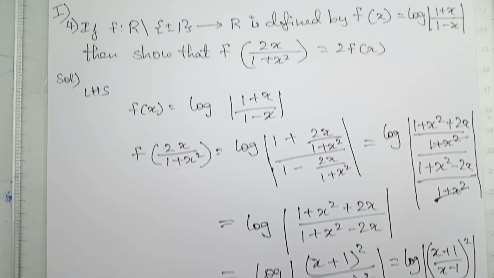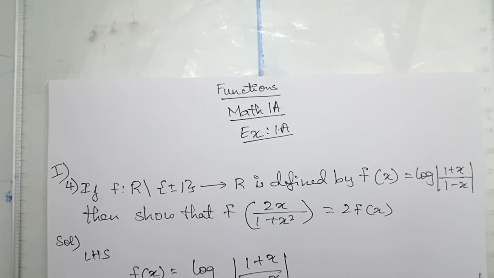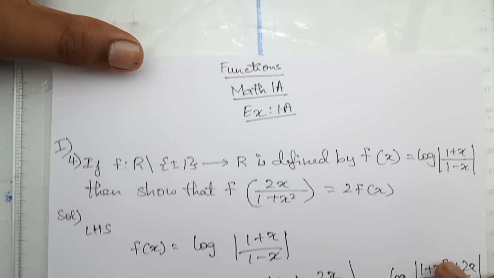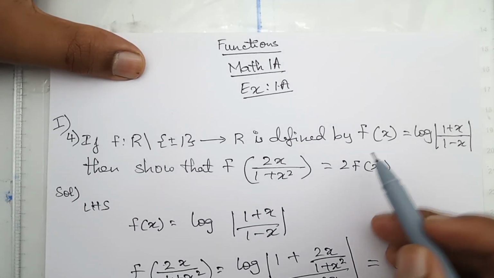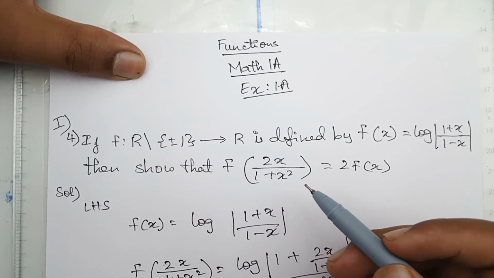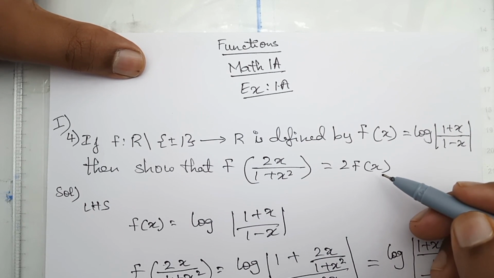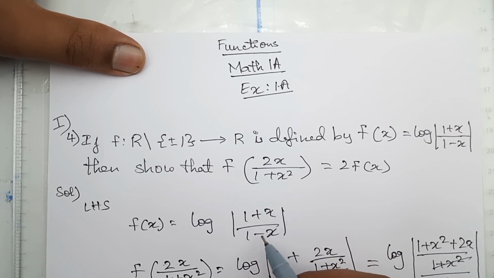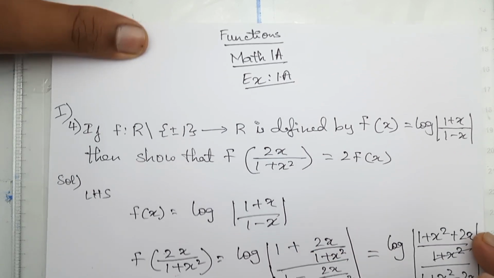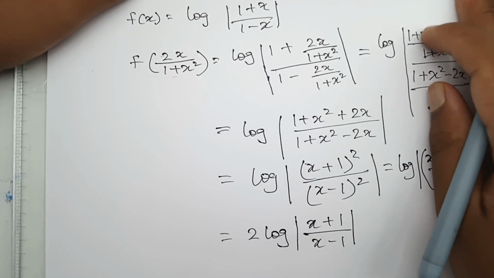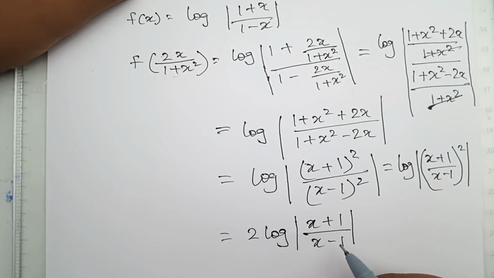So here we will see in the question what it is given here. 2x by 1 plus x square of f is equals to 2f of x. What is f of x? f of x is nothing but log 1 plus x by 1 minus x. So here we got x plus 1 by x minus 1.